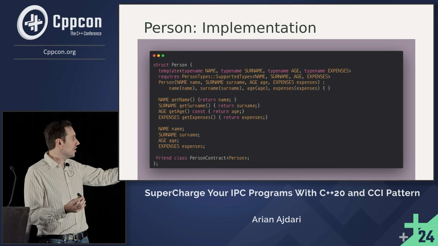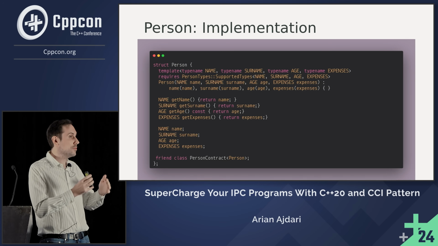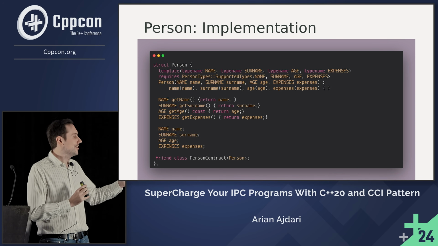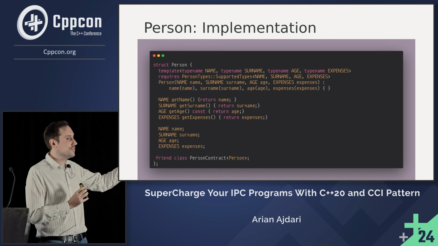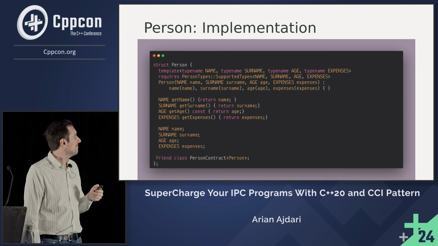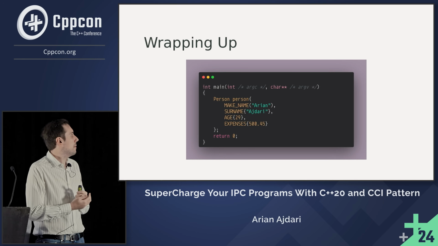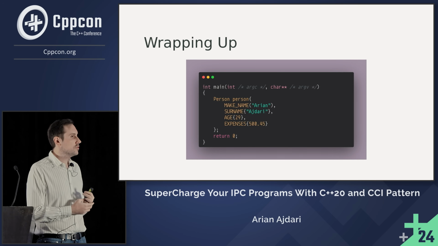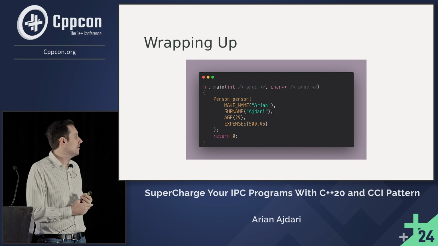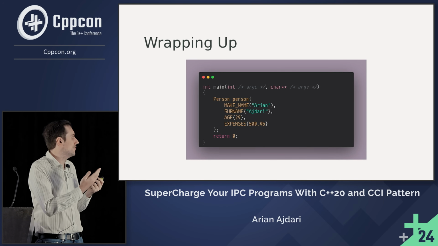As this person contract is worrying that person is formatted and constructed in the proper way, it's indeed its friend. So friend class person contract is a friend of the person, just like someone in real life. And wrapping up, this executes properly because all of the constraints have been satisfied, and the program terminates returning 0.